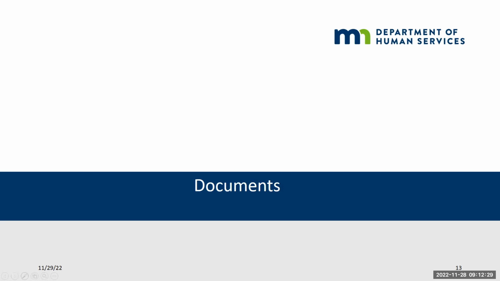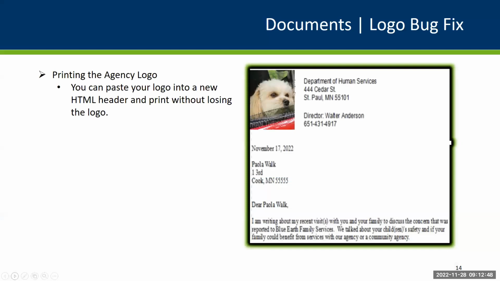All right, so documents, that's our next section here. And in this release, there were 3 updates that included fixes to some bugs that were already known in the application. So let's take a look at what we were able to fix this release relating to documents.